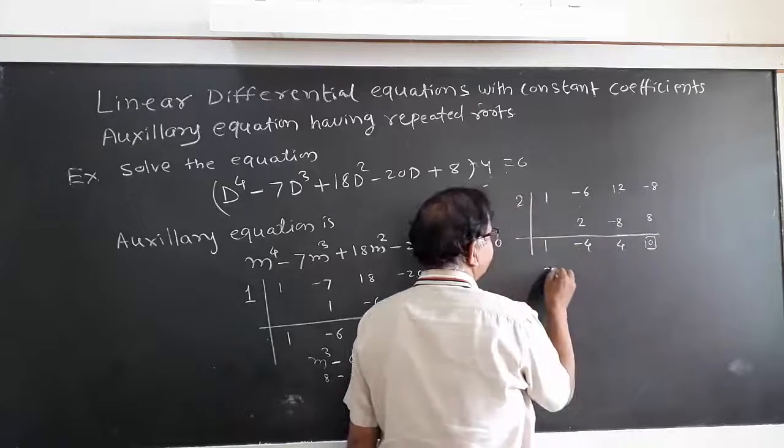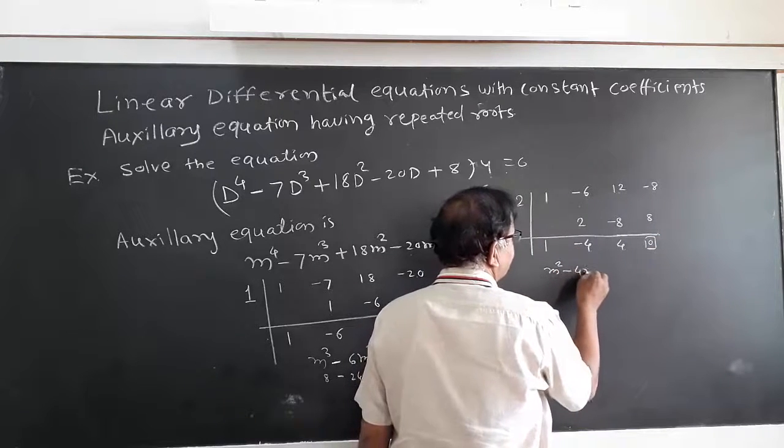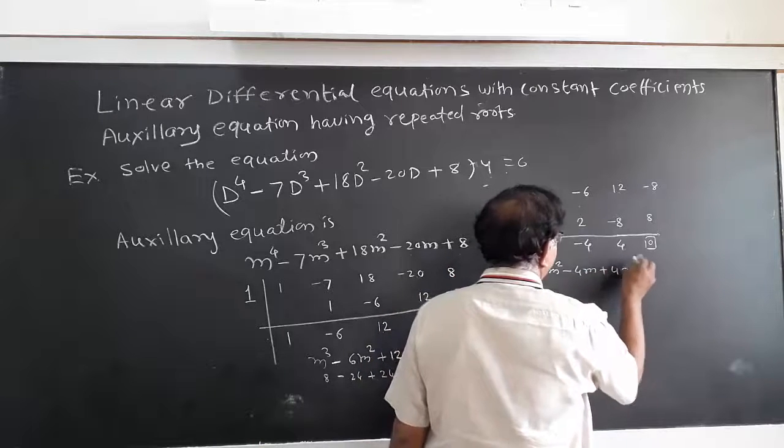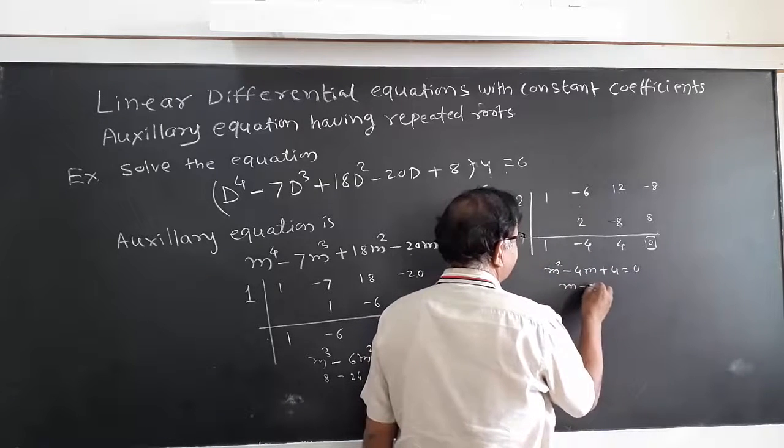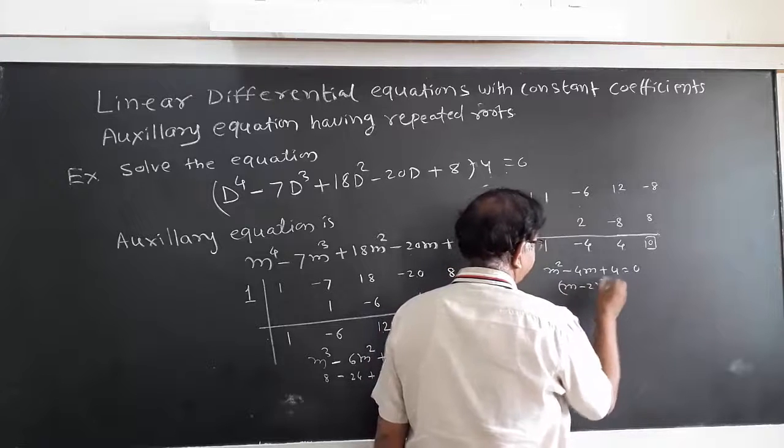Therefore the new polynomial will be m square minus 4m plus 4 equal to 0. That is nothing but m minus 2 whole square equal to 0.